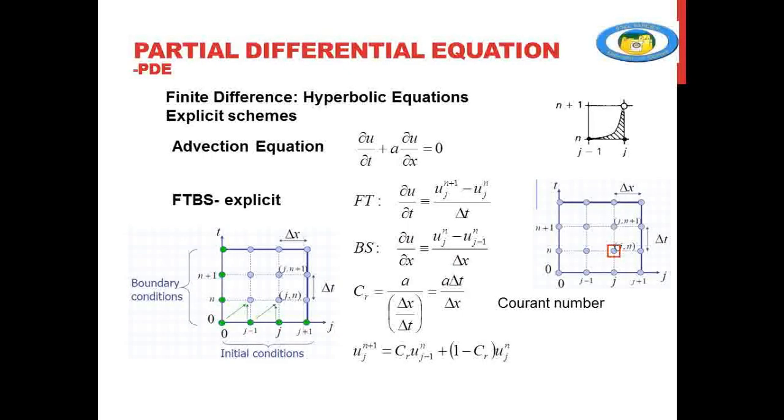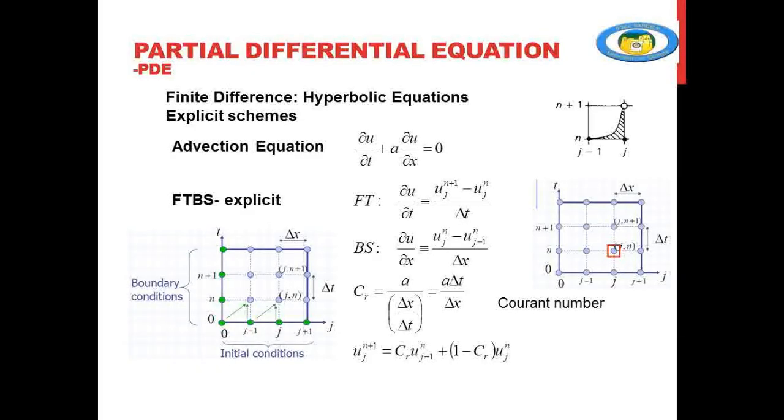So if you just plug those finite difference representations using forward time and backward space into the advection equation and represent Courant number by A delta t over delta x, that should give you u at the j's spatial scale and n plus 1's temporal scale is equal to Courant number times u at the j minus 1 spatial scale and the n temporal scale plus 1 minus Courant number u at the j's spatial scale and n temporal scale.